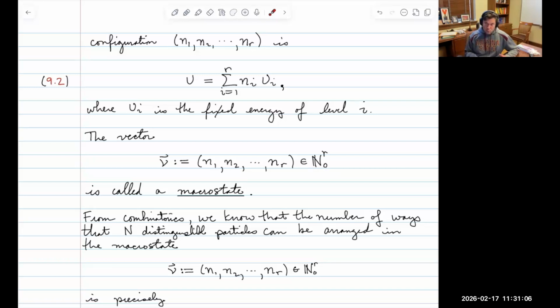Now, we said that this completely characterizes the configuration or the state of our system. We're going to call that a macro state. And we're going to see within macro states there can potentially be a large number of micro states. So a macro state is some way of characterizing the state of the system without knowing the microscopic details of the system.